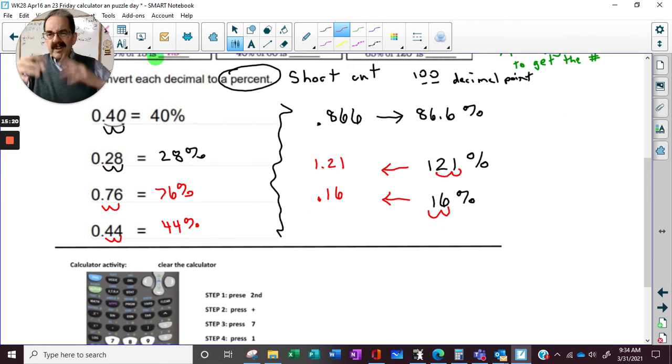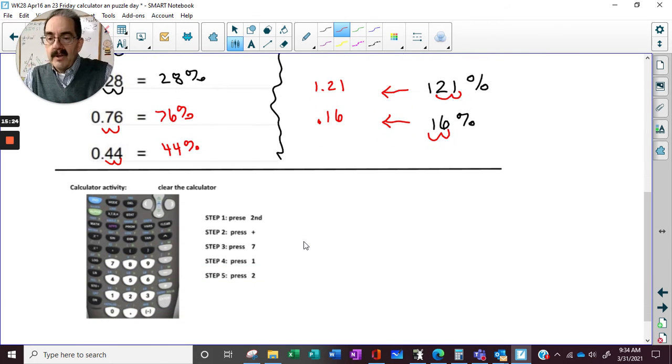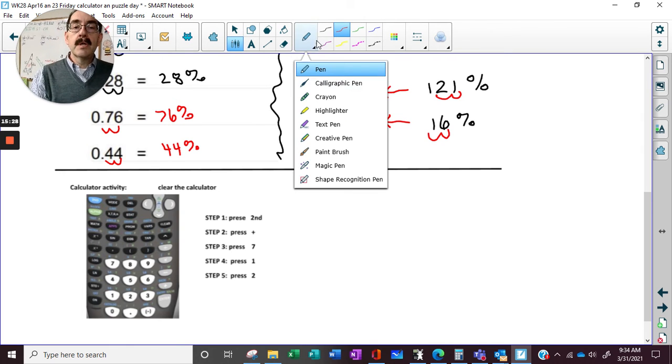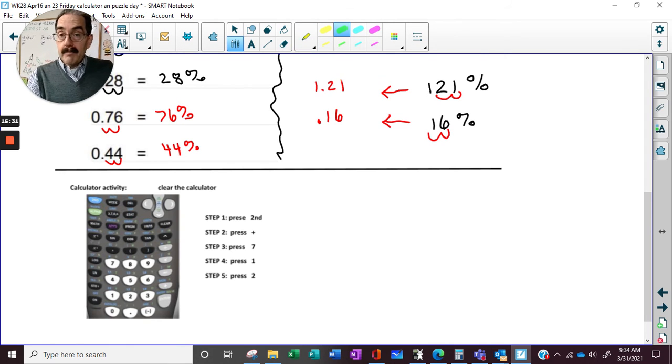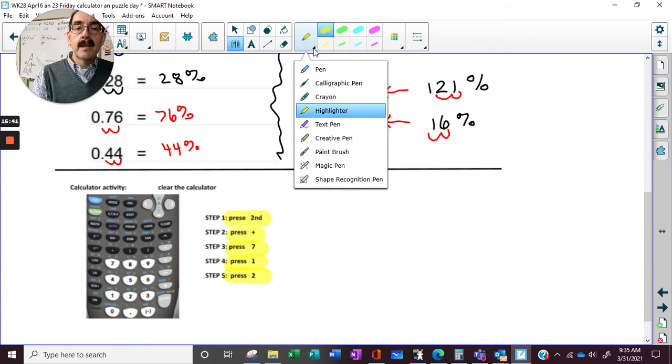Now, you got this calculator. It's all goofed up, and you got all this stuff on it, right? On your fancy calculator, you want to learn to clear the RAM, clear the memory. So, second plus 7, 1, 2.